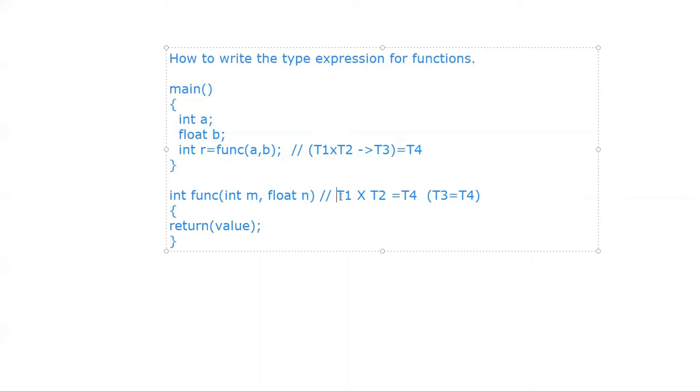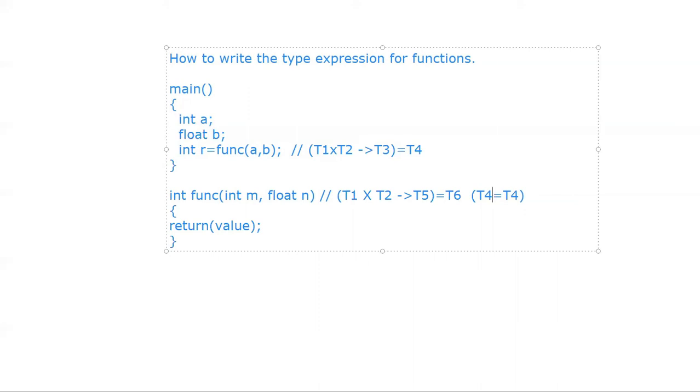Now it should be matched with this function. What will be the expression of this function? T1 cross T2, which is returning, say, T5, and this is represented by T6. So how will the type expression be matched?